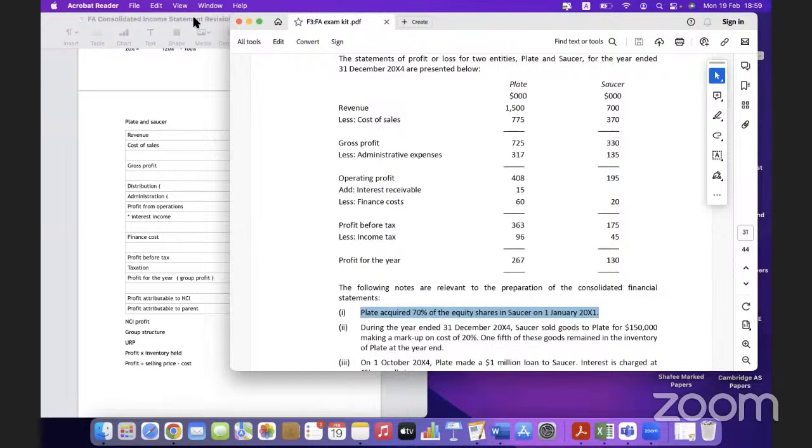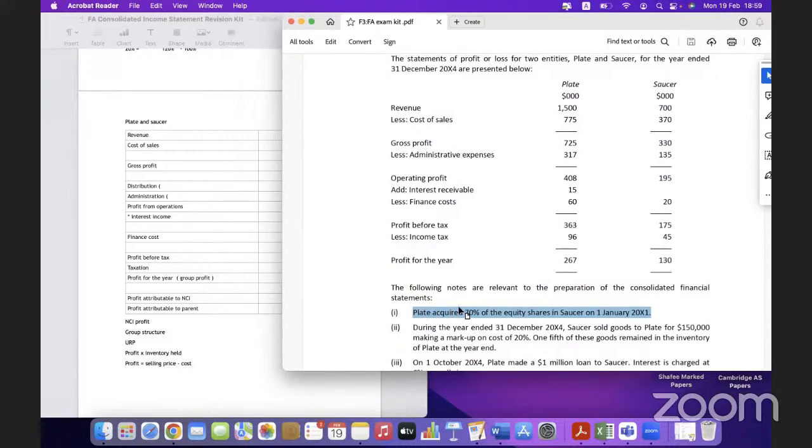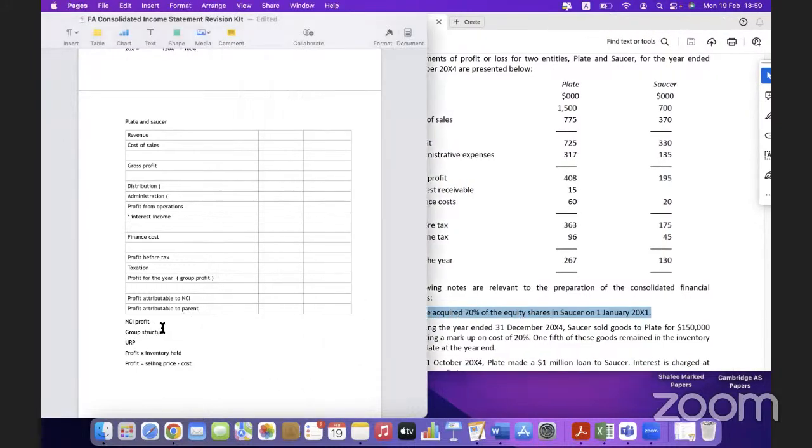Okay, right. So, guys, have you all decided the group structure? So it says Plate acquired 70% of Saucer. So let's start writing the group structure then. Parent acquired 70% of Saucer. So that means, guys, there is a 30% NCI just like the last time.